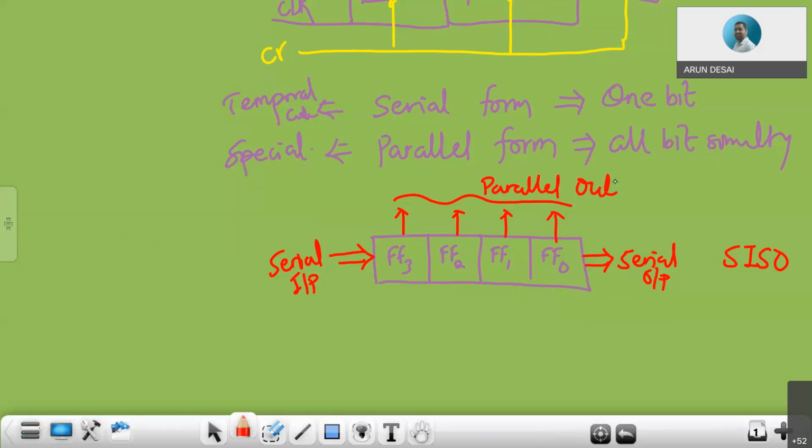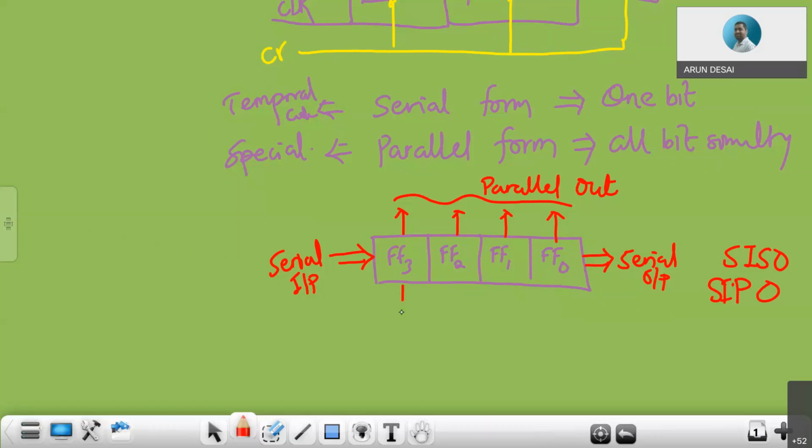There are different applications for this serial and parallel arrangement, but you can check just the difference in between. So you can have serially in, parallelly out, right? This is also one arrangement.